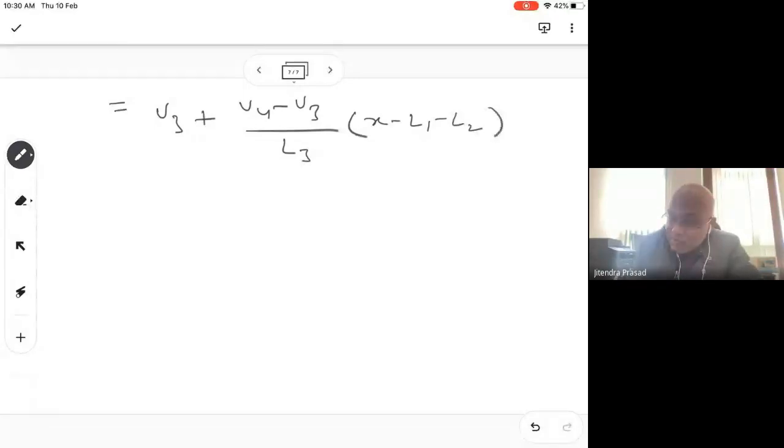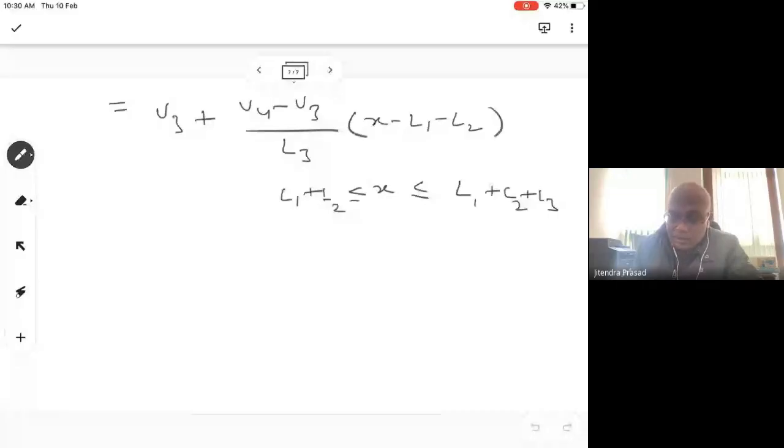This is true for x between L1 plus L2 and L1 plus L2 plus L3.